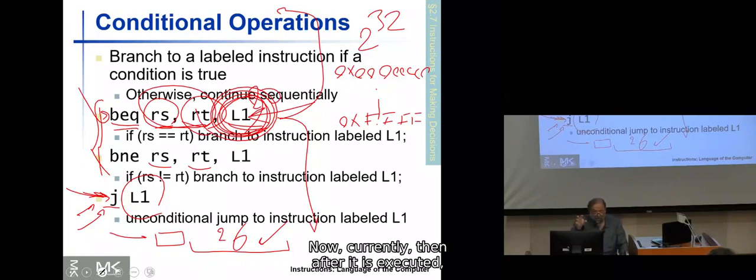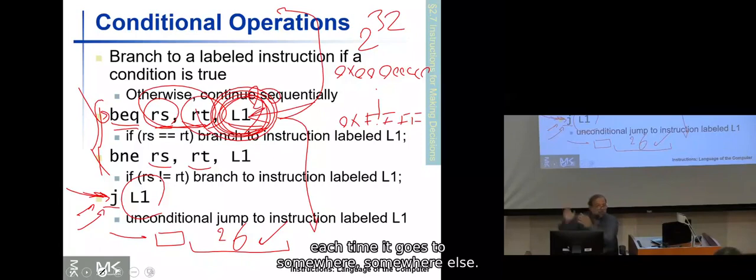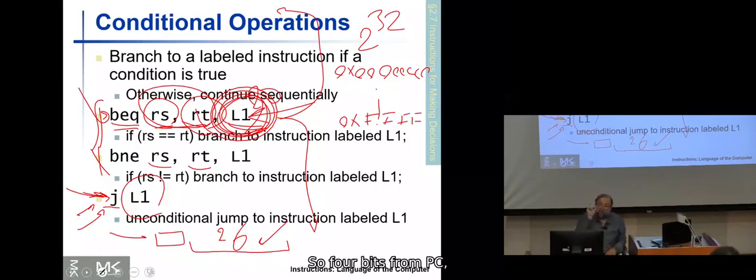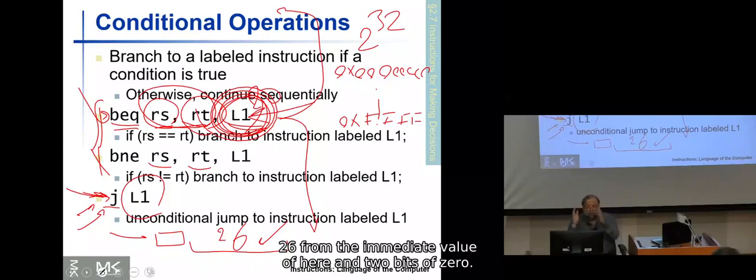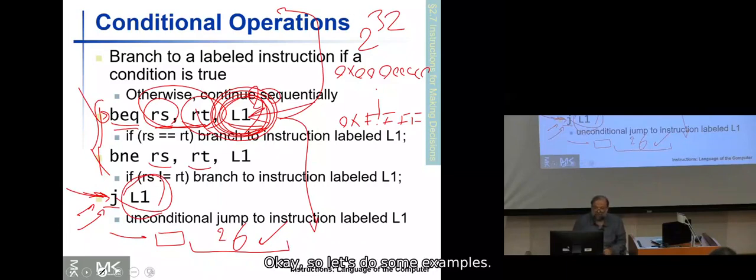Then, after it is executed, the PC increments by 4 to the next instruction, until we have some kind of branch or jump, where instead of just adding 4 to PC each time, it goes somewhere else. So 4 bits from PC, 26 from the immediate value here, and 2 bits of 0 form a 32-bit address for the location of the jump. Okay? Better? Okay.